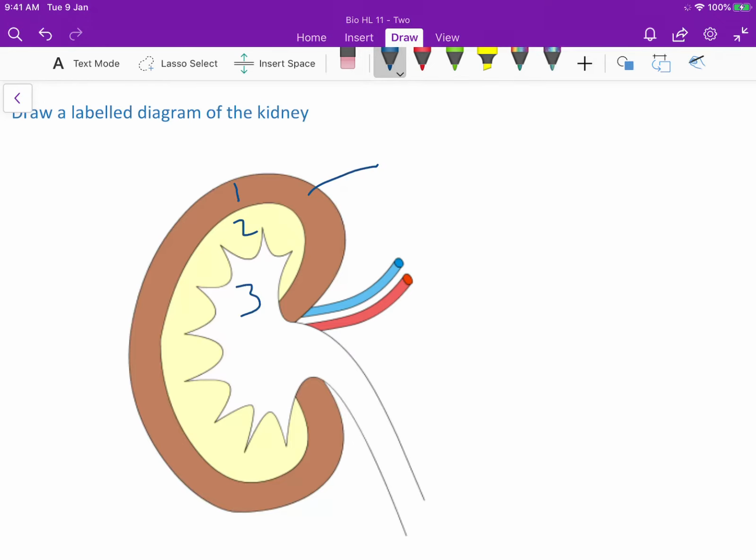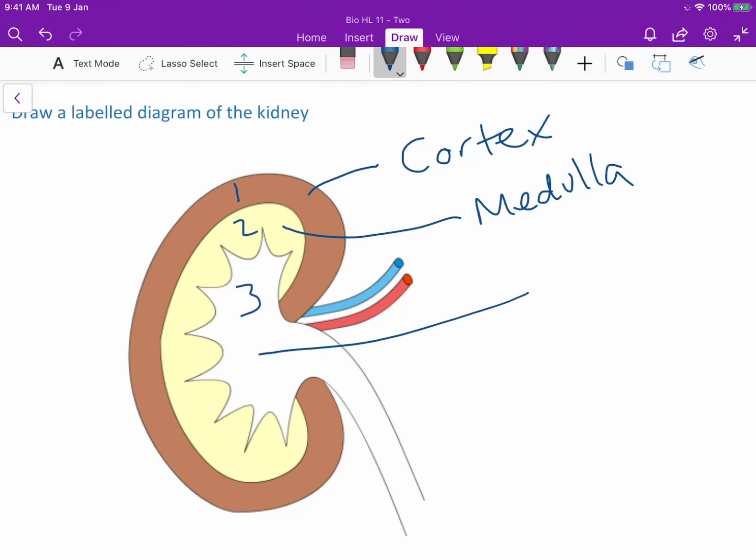So the outermost part of the kidney, like the outermost part of the brain, is called the cortex, the kidney cortex. And just like in the brain as well, we can think about the middle part being the medulla. And after that, we then get into the part which is called the pelvis.